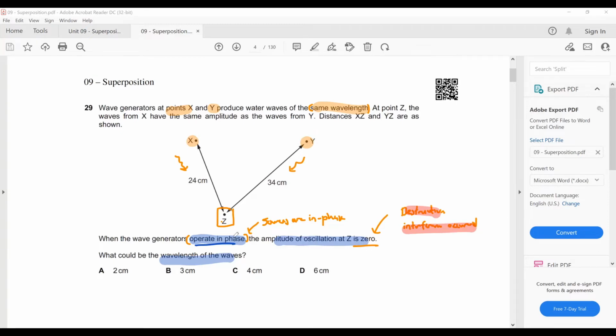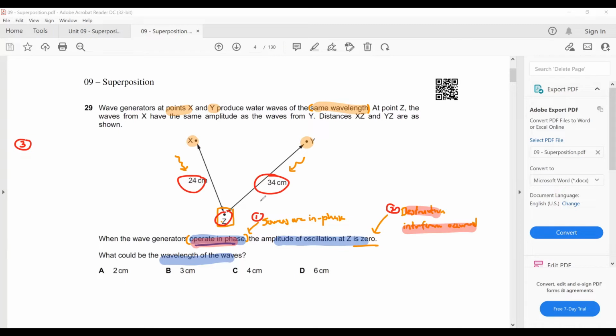So this is important information number 1, sources in phase. This is important information number 2, destructive interference occurs. So now the third important information is path difference. You see they gave you lengths here. And then they tell you what happened here.